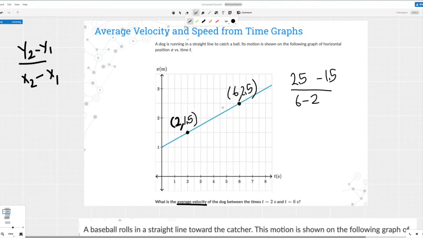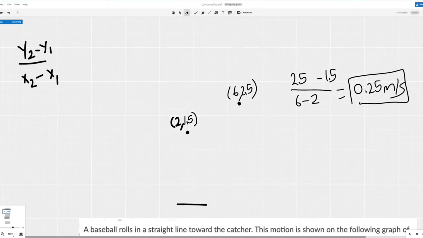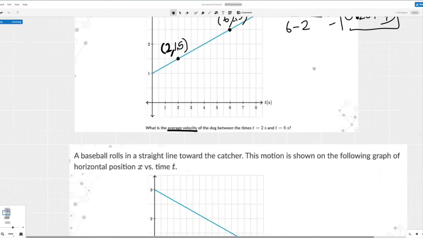It actually doesn't matter which one you choose for y2 and y1, but you have to stay consistent, and that will give us 0.25 meters per second. That should just be a decimal point. Whoops. Alright. There you go. So that's going to be the average velocity.